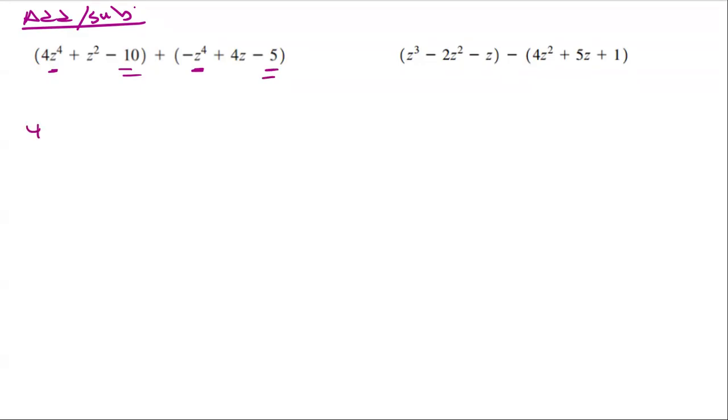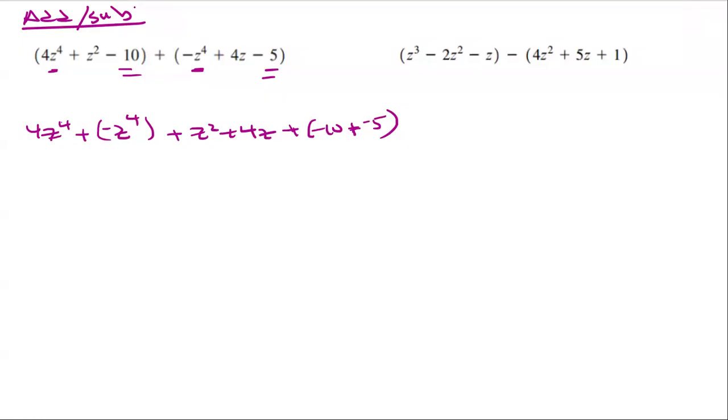So we'll have 4z to the fourth plus a negative z to the fourth, okay? And then the plus z squared plus 4z plus, and this will be negative 10 plus negative 5. Okay? I'm just emphasizing we're adding, so that's why I'm putting those there.